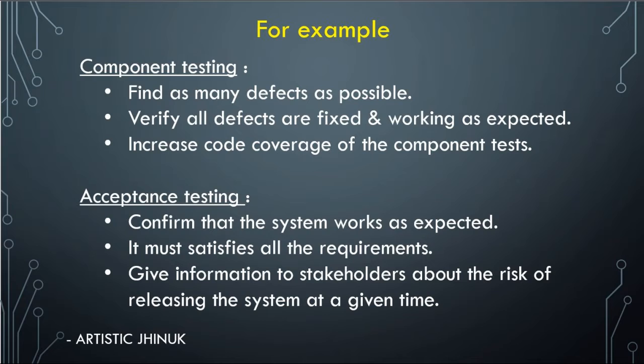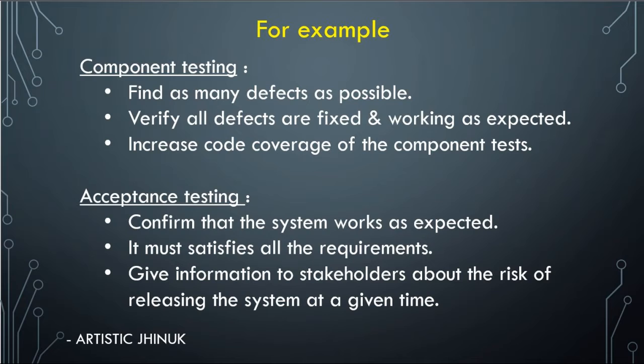Whereas in acceptance testing, the objectives are to confirm that the system works as expected and satisfies all the requirements provided by the stakeholders. Here, we don't have a testing objective to find as many defects as in component testing.